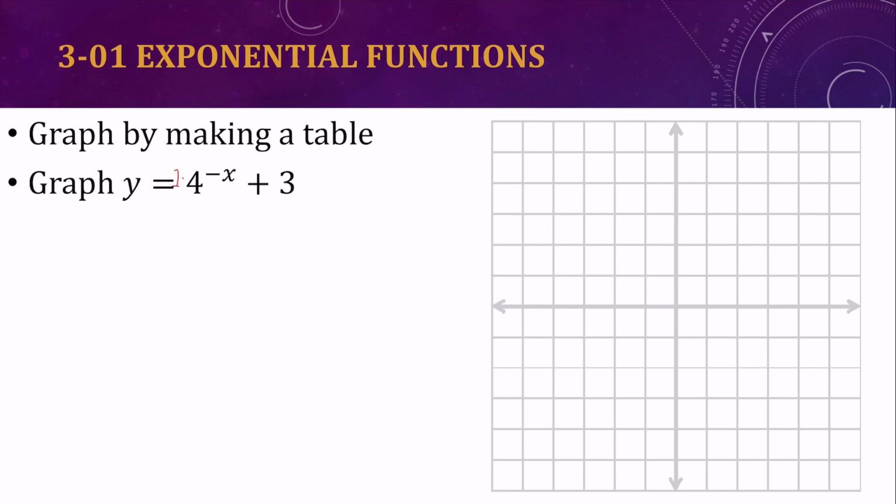Our a is 1, so it's not stretched. But we are shifting up. And we have this negative. A negative exponent means that we take the reciprocal of the base. So since the base is now between 0 and 1, this means it'll be decay.